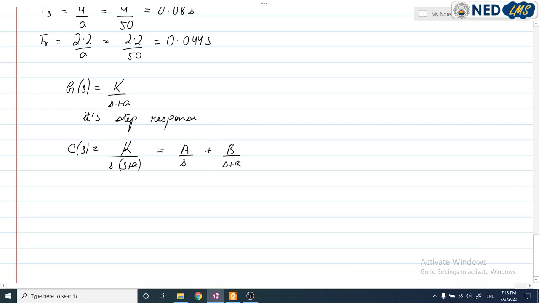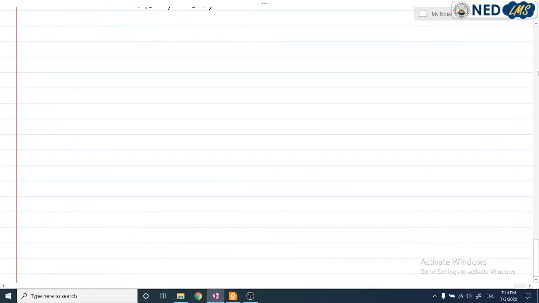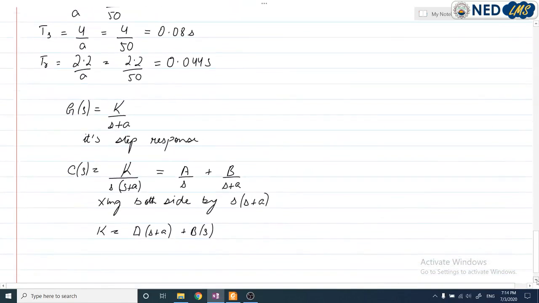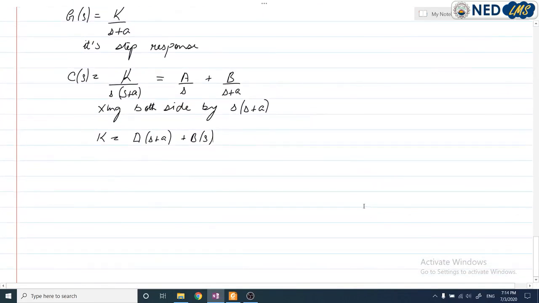I am multiplying this equation both sides by the denominator term S plus A. So we will get K equals A of S plus A and B of S, and to find the value of these constants A and B, I am calling it equation 1.